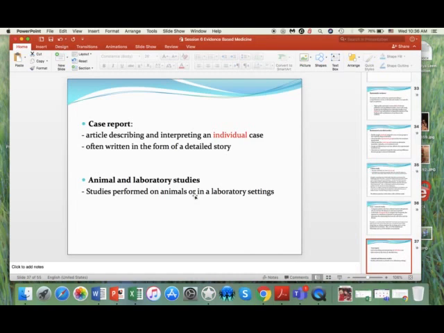So there's not a lot of evidence there, but this is how evidence a lot of times can start, or even the animal or laboratory studies, which are studies performed on animals or in a lab setting. And of course, when you're doing a study in a lab, it's going to be different than in real life. But with these things, a lot of times evidence will start here.